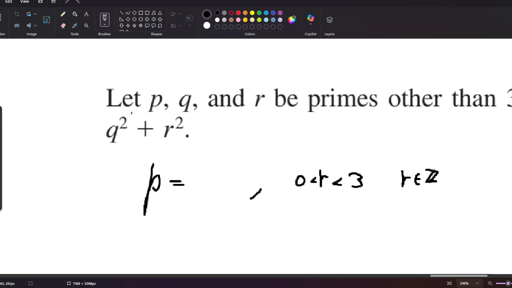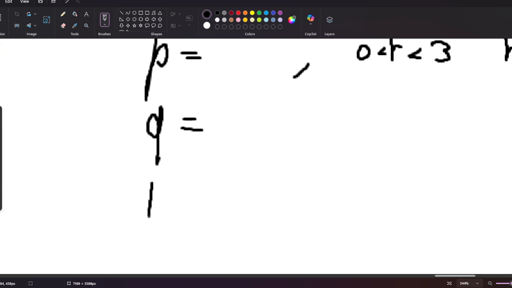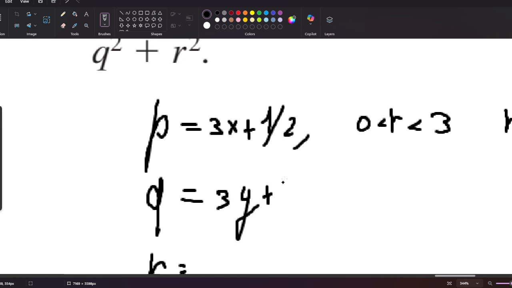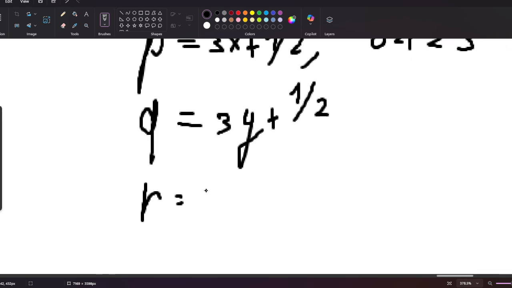Now that we know that, we can actually deal with it. P, Q, and R are going to be of the form 3x plus 1 or 2, 3y plus 1 or 2, and 3z plus 1 or 2.